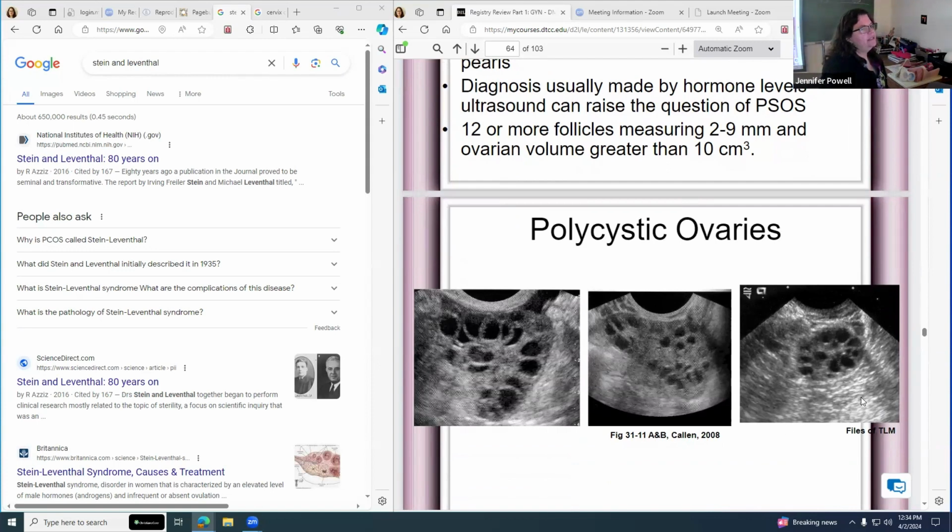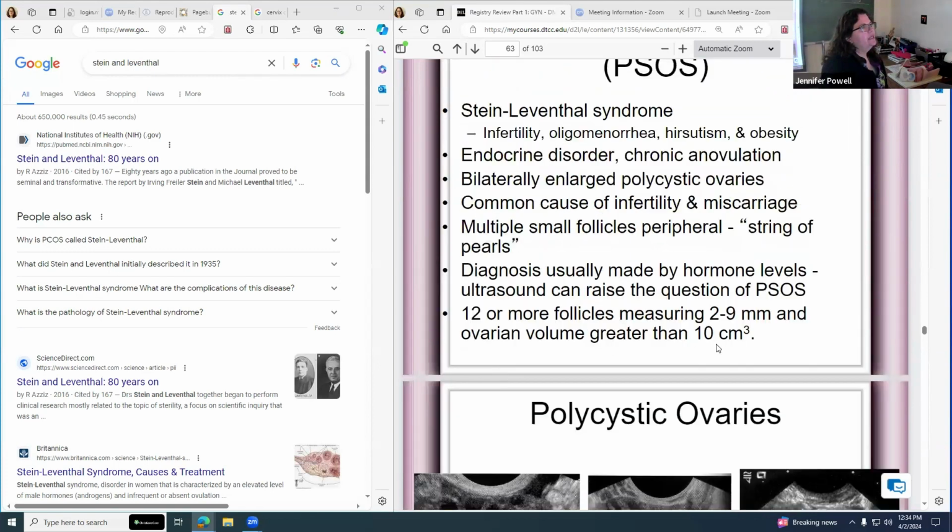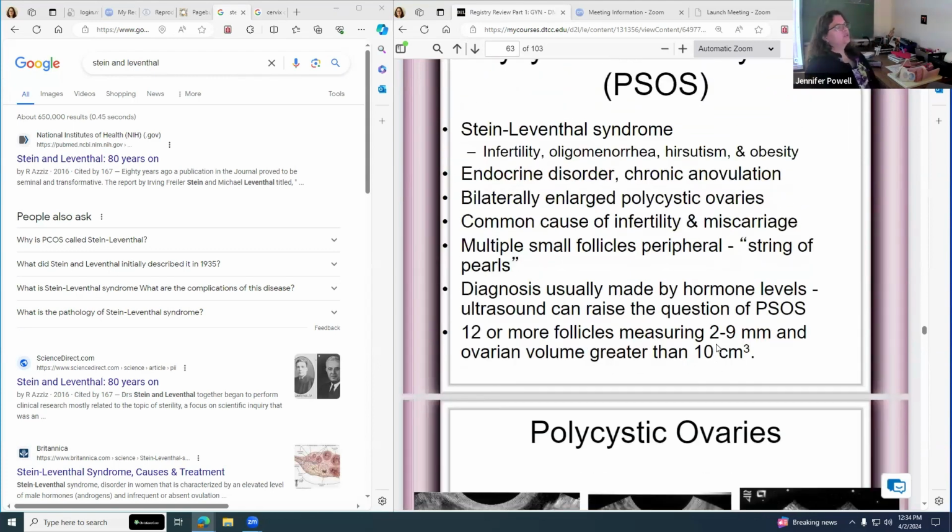So what happens, with it being an endocrine disorder, is that the hormones you need, the luteinizing hormone, the one produced within the pituitary to tell the ovary to start maturing an ovum, it never happens.